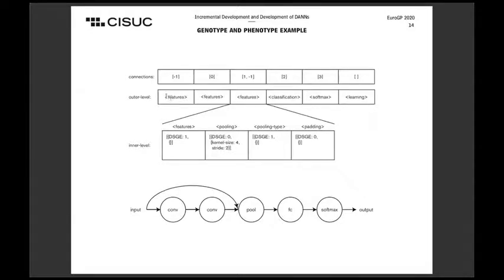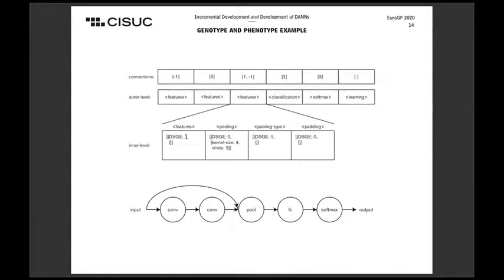In this case, we have a layer corresponding to features, and we have the same for 3 consecutive evolutionary units, and then we have classification, the output, which is a softmax layer, and also the learning strategy. And then in the inner level, we have the hyperparameters corresponding to the layers in the outer level. For example, for this particular layer, we have features, which is encoded by the non-terminal.